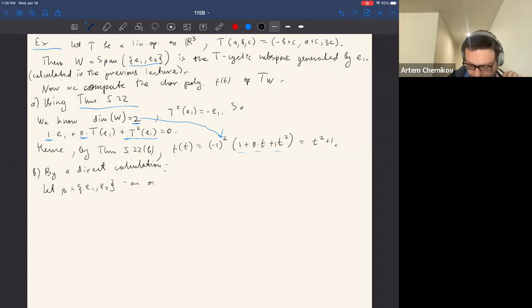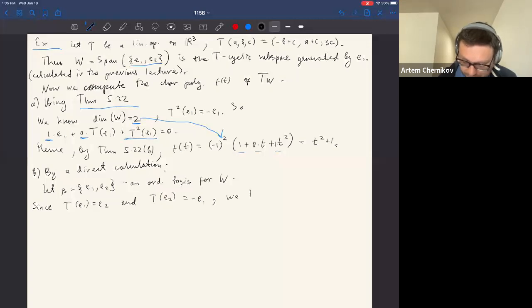This is an ordered basis for W. Now, since we have that T of E1 is equal to E2, and we also have that T of E2 is equal to minus E1, we can write out the matrix, right? So the matrix representing T_W with respect to beta: here we write the coordinates of the first one, so this is 0, 1, the coordinates of the vector E2, right? And the second column is going to be minus 1, 0, where these are just the coordinates of the vector minus E1 with respect to the standard basis.